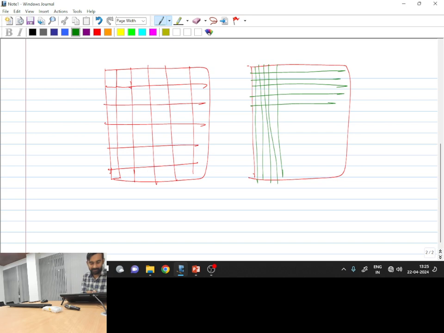Okay, because the number of grids in which you have to do the cross correlation has increased. So once the number of grids are increasing, though your spatial resolution is improving, ultimately your computational power will be increasing.